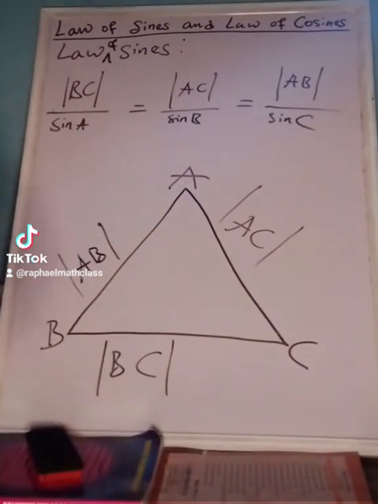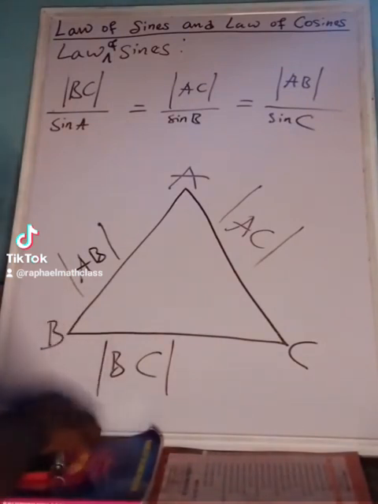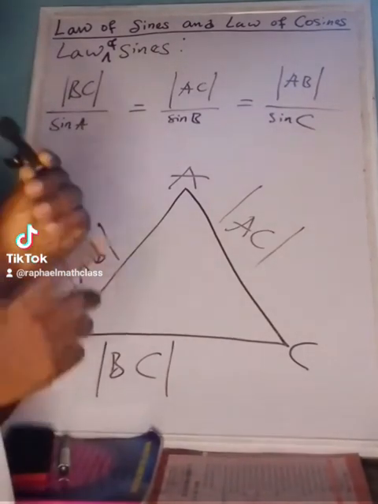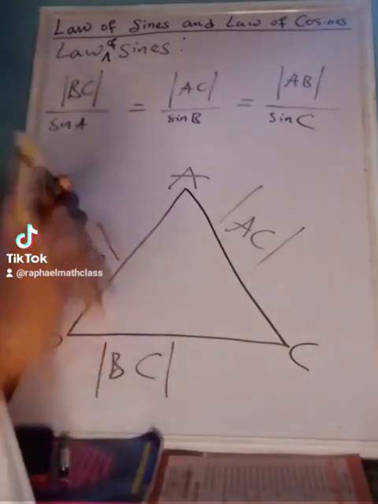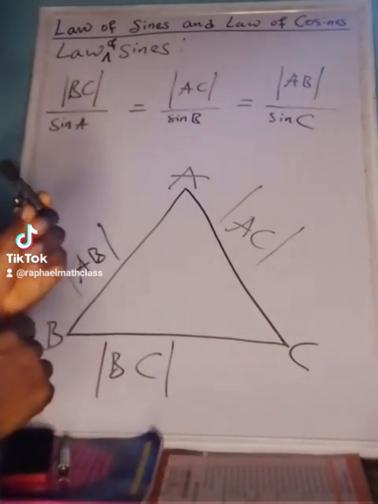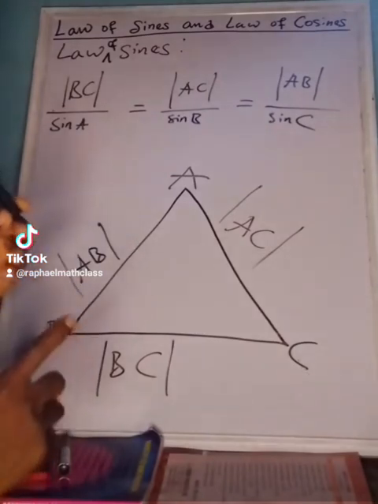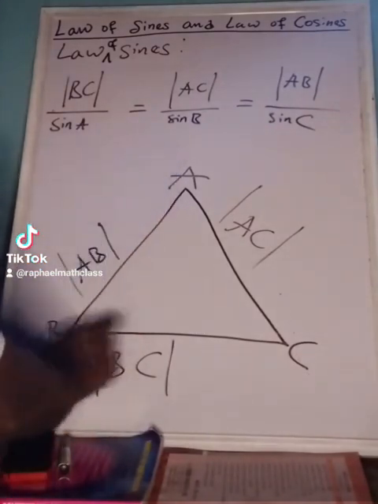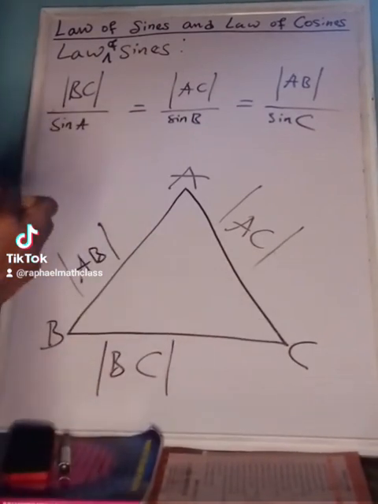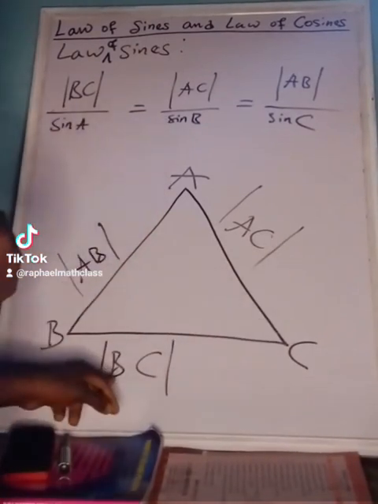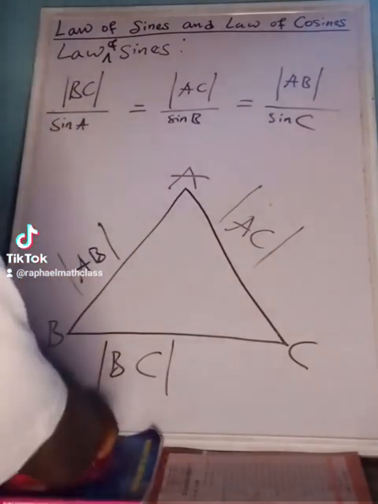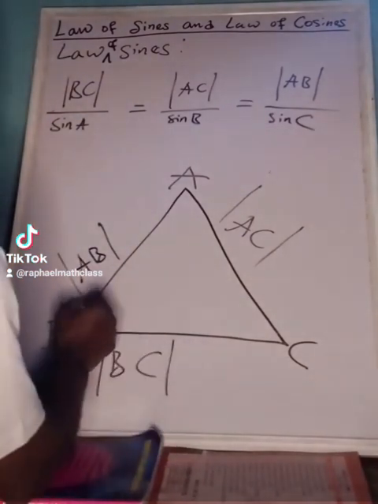This is what it is. Law of sines tells you that every angle has a side that is opposite to it. You understand? Every angle, for example, look at the triangle A, B, and C. For angle A, side BC is opposite angle A. You understand? Let us mark our angles out.